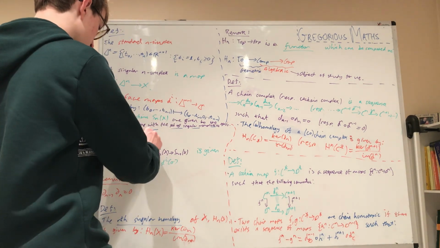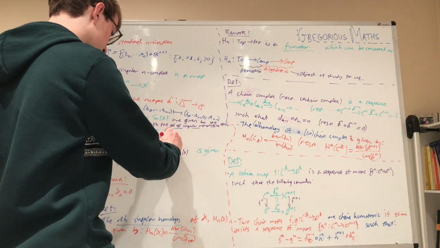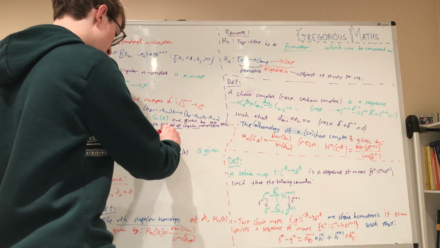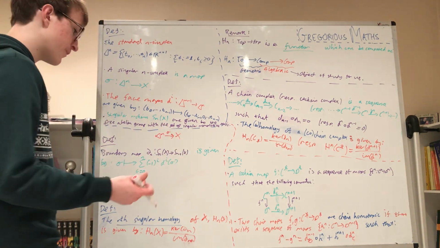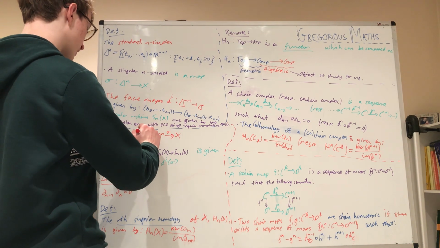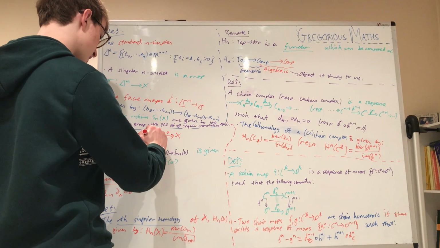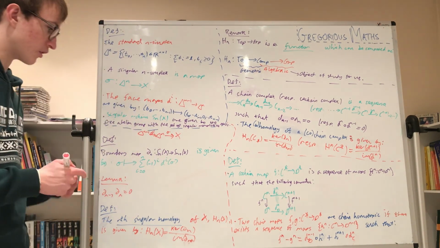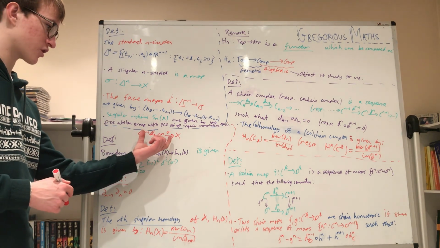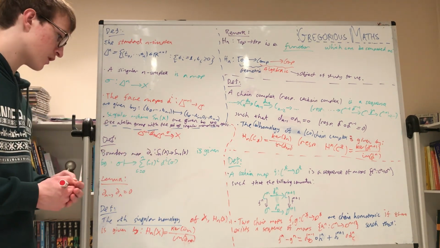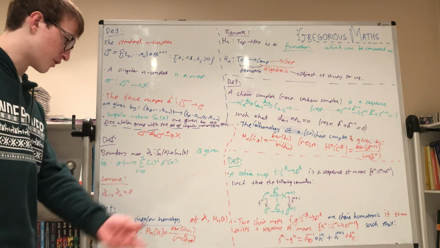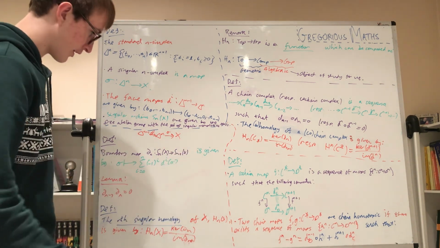Well, we've got an n simplex, like so, but we need to go down a dimension, so all we do is precompose with the ith face map, like so, and this composition is now an n-1 simplex. And so the boundary map is precisely given in this way.